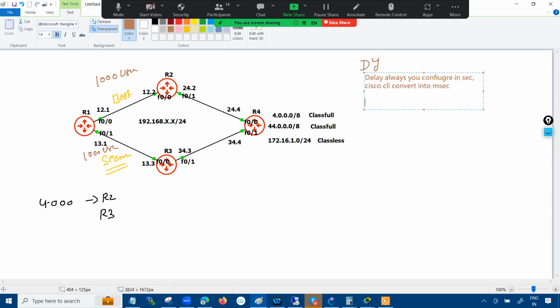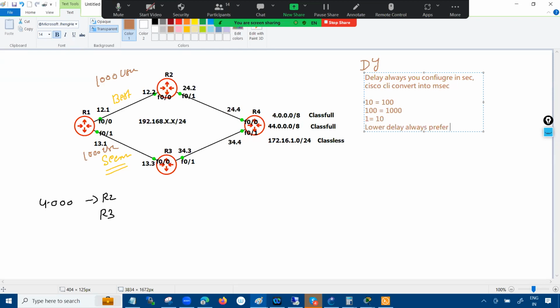So if I configure 10, it will convert into 100. If I configure 100, it will convert into 1000. If I configure 1, it will convert into 10 over there. Lower delay is always preferred.